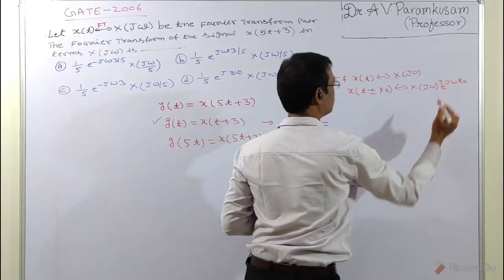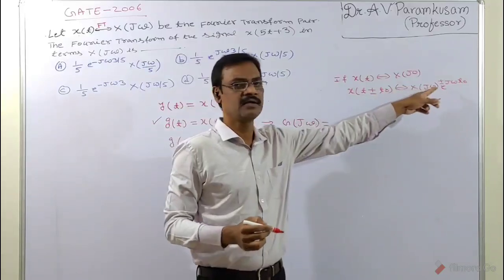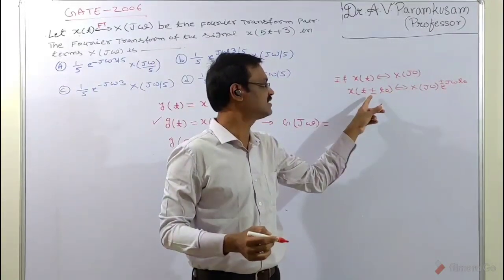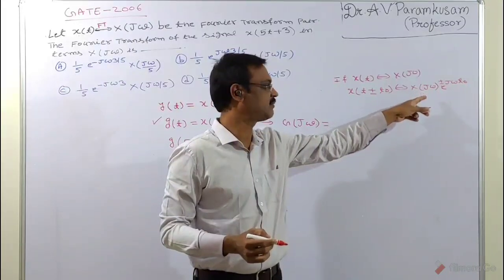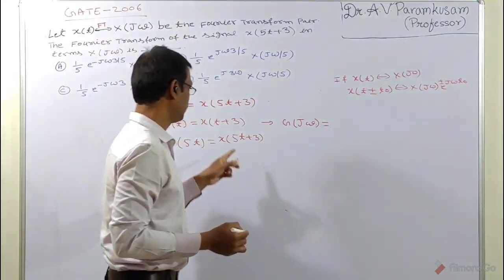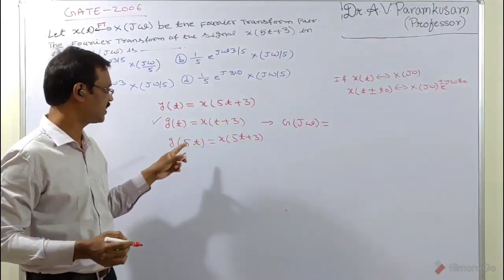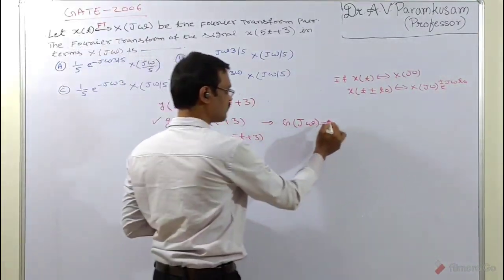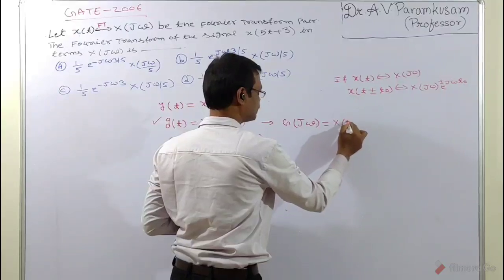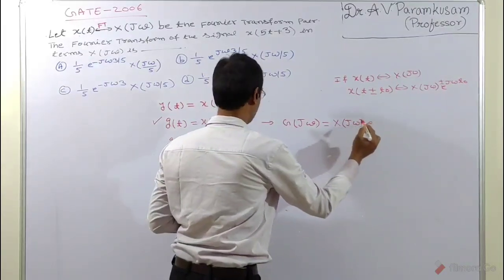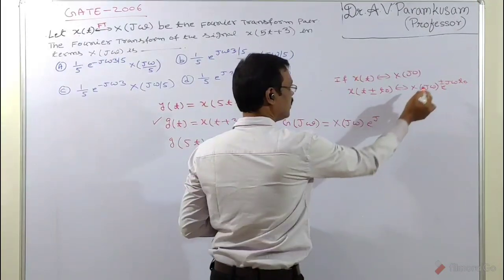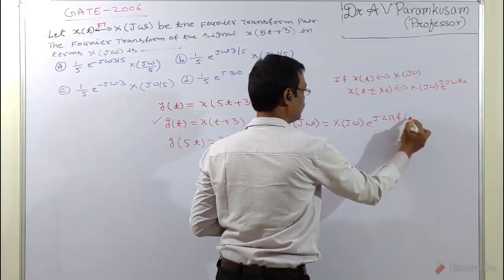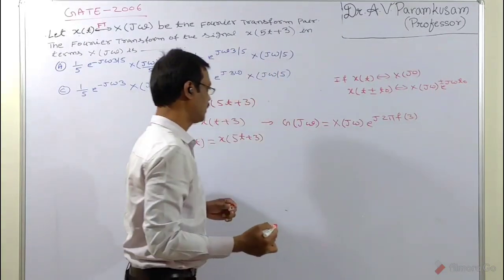If plus is there, X of j omega is multiplied with e to the power j omega t naught. If minus is there, X of j omega is multiplied with e to the power minus j omega t naught. Here we need the Fourier transform of x of t plus 3, which is X of j omega into e to the power j, in place of omega you can write 2 pi f, into 3.